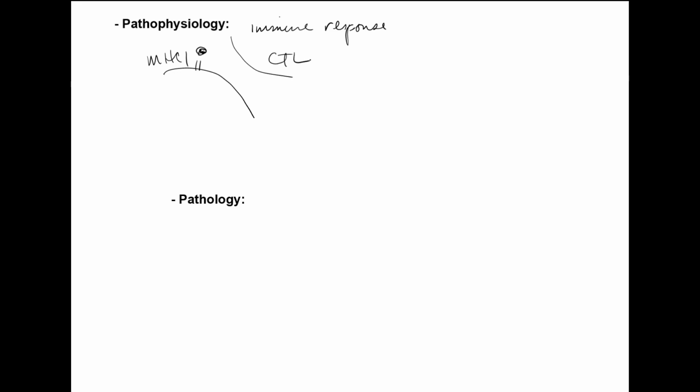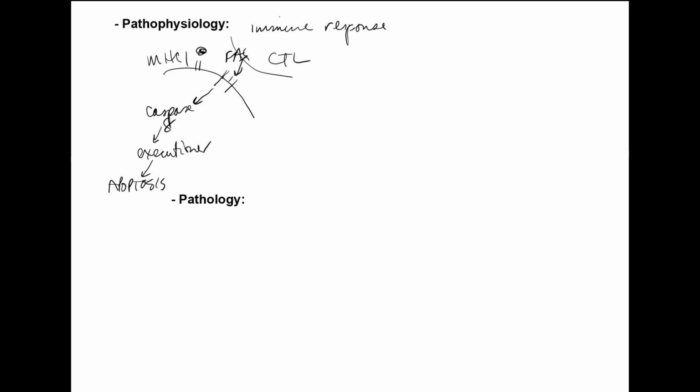This will force apoptosis through two mechanisms. The first is the Fas receptor, the cytotoxic lymphocyte secreting a Fas ligand, and this will go down a death domain to activate caspase 8. The caspase cascade will activate the executioners, and that will force apoptosis.